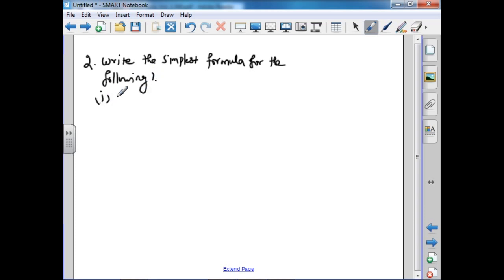Number 1, N2O4. Number 2, C6H12O6. Number 3, H2O. Number 4, H2O2. This is the question. So simplest formula means empirical formula.